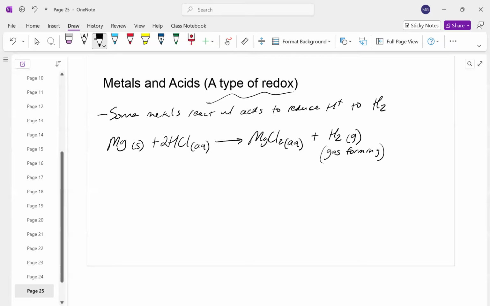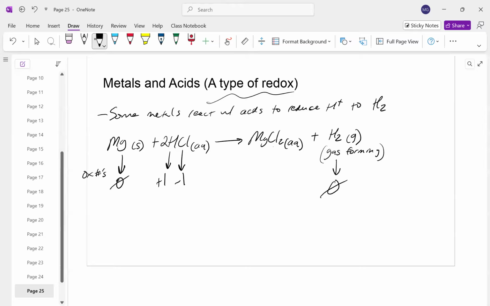But it's also redox because if we look at the oxidation numbers for these atoms, magnesium is 0 because it's in its elemental form. You could say the same thing for hydrogen. It's 0. And Cl, chlorine, is almost always -1. That would make this hydrogen +1.